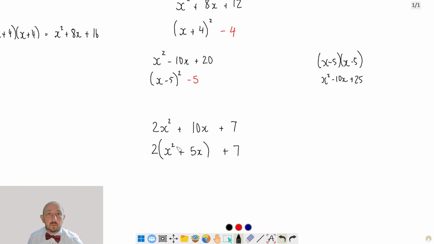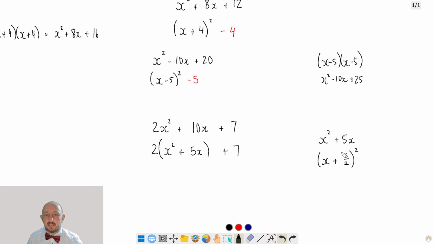Okay. Now, what I'm going to do here is complete the square on x squared plus 5x, just this bracket here. So if I was completing the square on this, I'd have x plus 5 divided by 2, 5 over 2 squared.